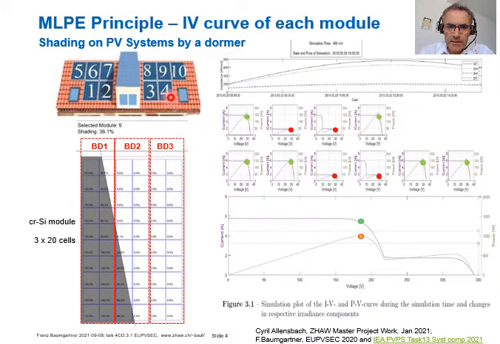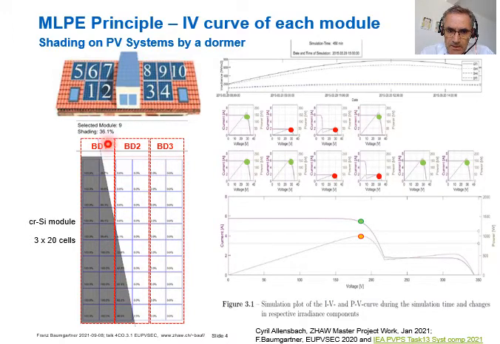Here we will take a closer look at the current-voltage characteristic of these 10 PV modules, which are partially shaded by this dormer in the middle. We have to take into account that, for example, if the shade crosses module number 7, we could be crossing these two different sectors. Sector 1 is controlled by one bypass diode, the middle by the second and the third.